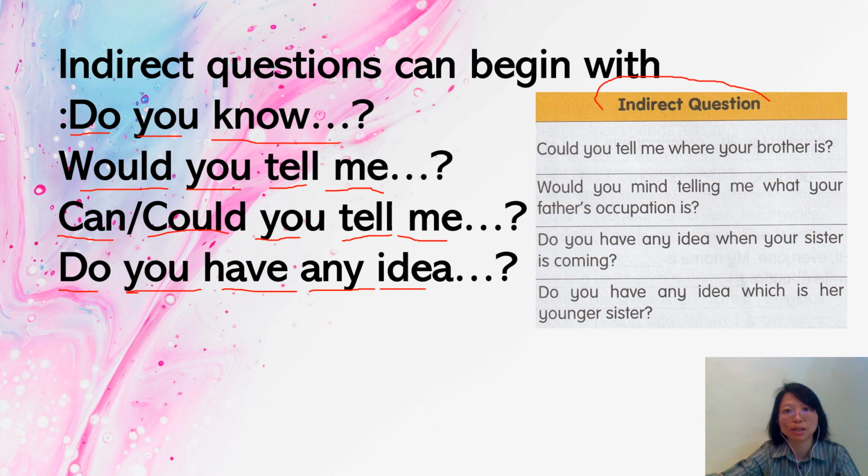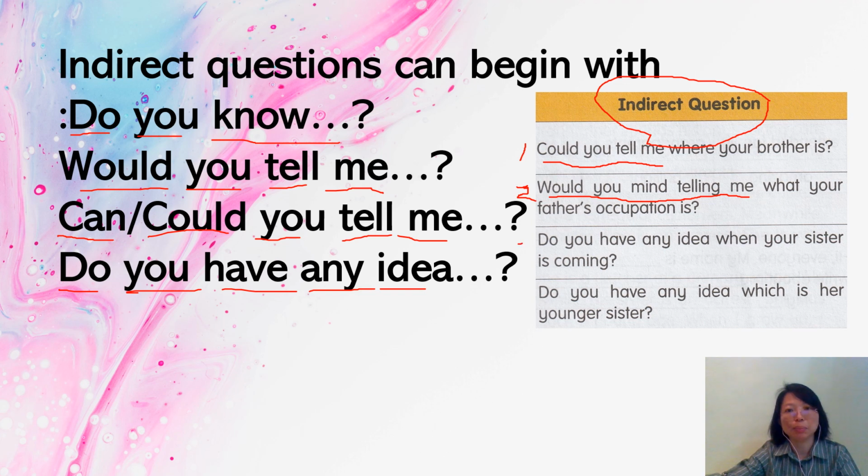Indirect question here. So we have number 1 here. Could you tell me where your brother is? So you begin the indirect question with could you tell me. Then second example, number 2 here. Would you mind telling me what your father's occupation is?